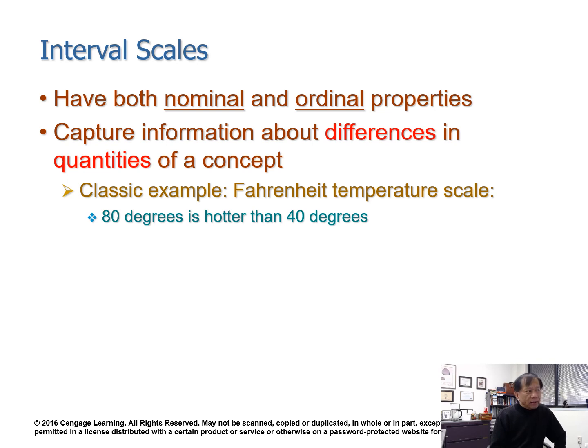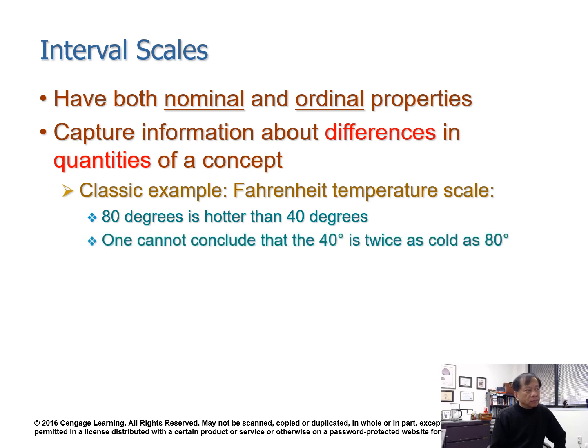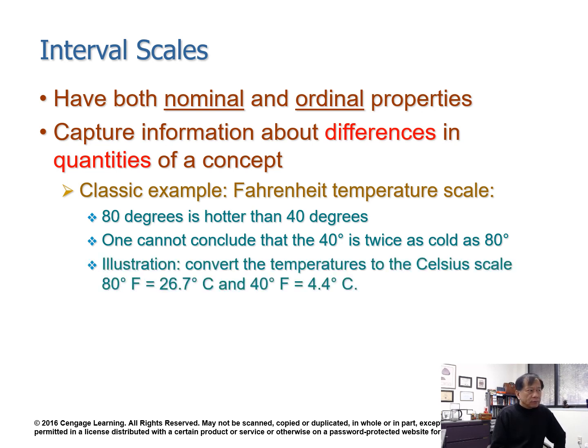But we cannot say for sure that 80 degrees is twice as hot as 40 degrees. It's hotter, but we cannot say 80 degrees is twice as hot. We cannot conclude that 40 degrees is twice as cold as 80. It is arbitrary. An illustration: you can convert temperature to Celsius. 80 degrees Fahrenheit and 40 degrees Fahrenheit convert to 26.7 and 4.4 Celsius.